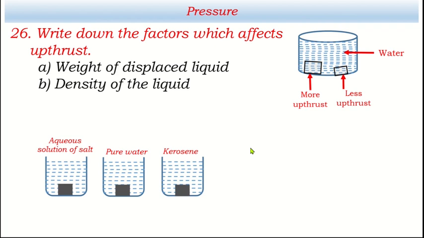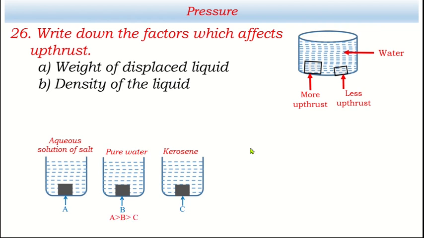But the upthrust acting on the body by the first liquid, let's say it is A, by the second liquid is B, and by the third liquid is C. And if we compare A, B, C, which are the upthrusts exerted by these liquids, then what is found?